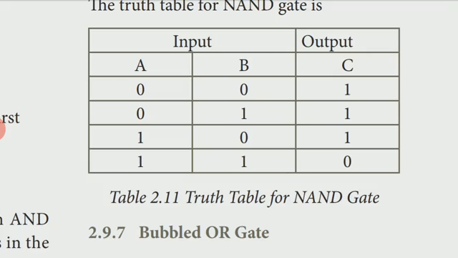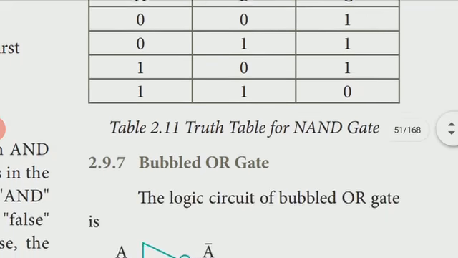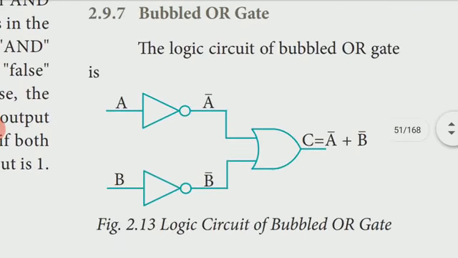So, 0 0 means use AND gate, you will get the answer as 0. So, 0's complement is 1. Again here also 0 1. You will get the answer as 0 because only one input is true. So, here you will get the answer as 0. 0's complement is 1. So, like that the remaining 2 also. Got it.